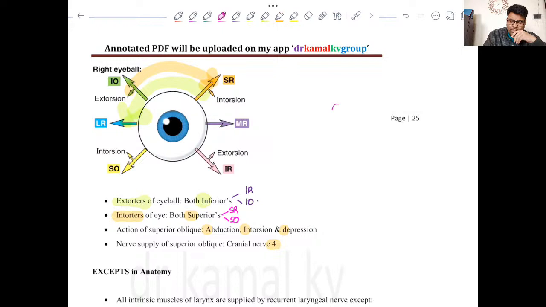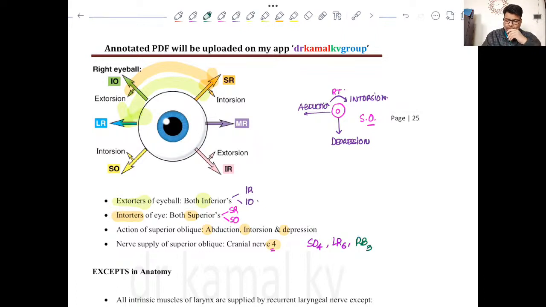So suppose if this is the right eye, it will take it outward, so this is abduction. It will push it downward, so that is depression, and it will rotate it internally, that is intorsion. So this is all action of superior oblique, which is supplied by cranial nerve 4, and the mnemonic is SO4, lateral rectus by 6th, and all the remaining muscles by 3rd.